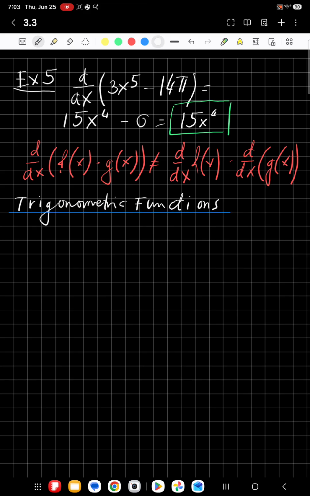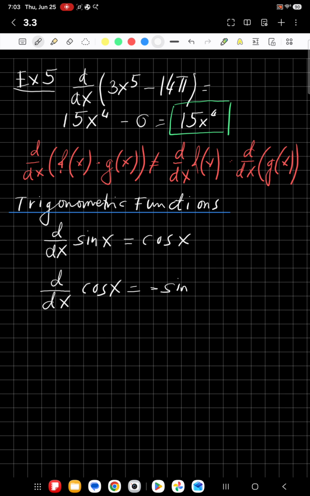Yeah, I'm not going to prove anything here. But the derivative of sine of x is simply cosine of x. Now the derivative of cosine of x, that is negative sine of x. Okay, so just remember that. The negative. Right, important.